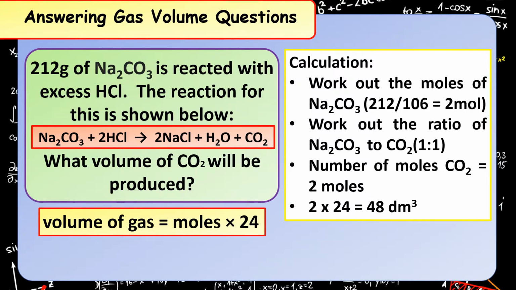So therefore, if we've got 2 moles of sodium carbonate, we must have 2 moles of carbon dioxide. And finally, to work out the volume of carbon dioxide being produced, we use our equation for gas volume, which is the moles, which is 2, times by 24, which will give us a volume of 48 decimeter cubes worth of carbon dioxide being produced.